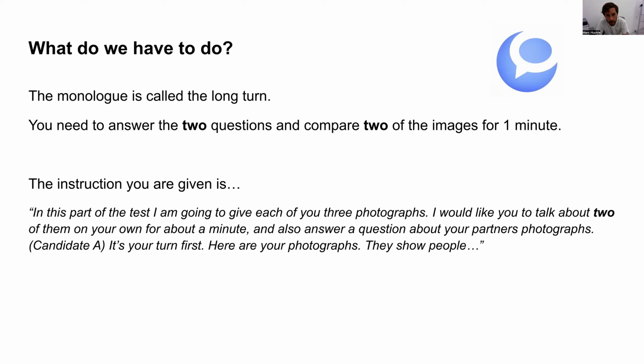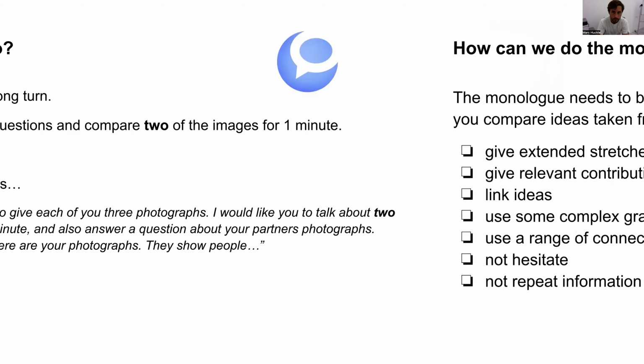Here are your photographs. They show people and they will give you a topic of what they are doing. You speak alone about the questions. You answer both questions, and you need to compare 2 of the images. You are given 3, choose 2 and compare them.